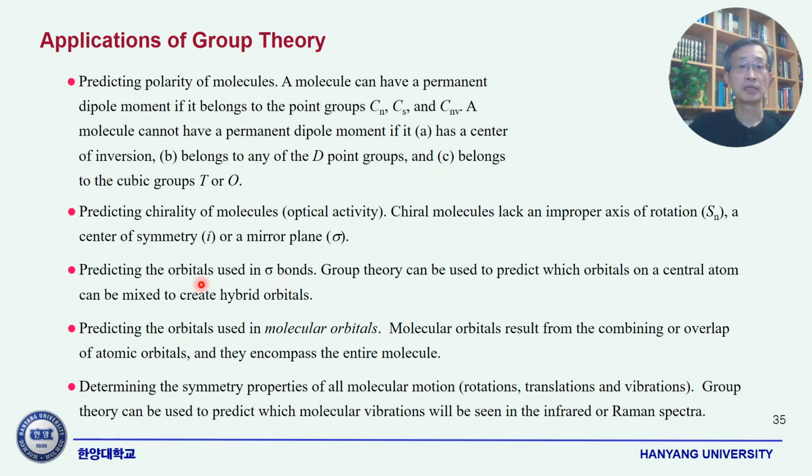So, predicting orbitals used in the sigma bond, the sigma frame, group theory can be used to predict which orbitals of a central atom can be mixed to create hybrid orbitals. So these three applications can be done, I mean, they are done intuitively. And we are going to concentrate on these two topics.